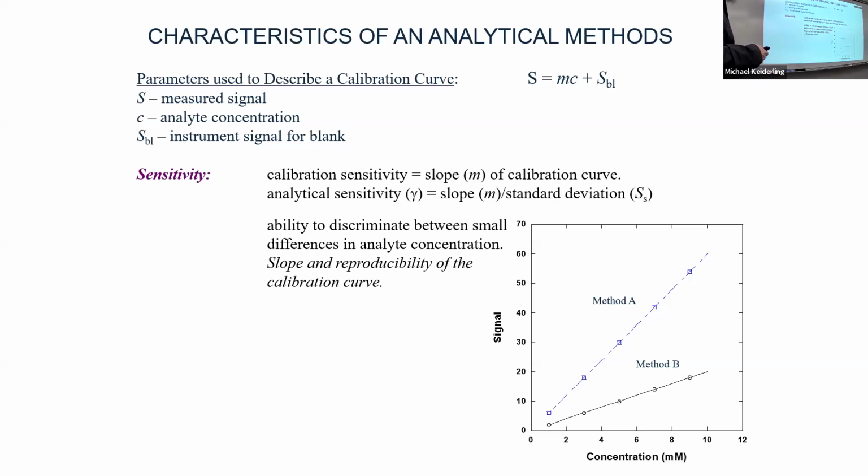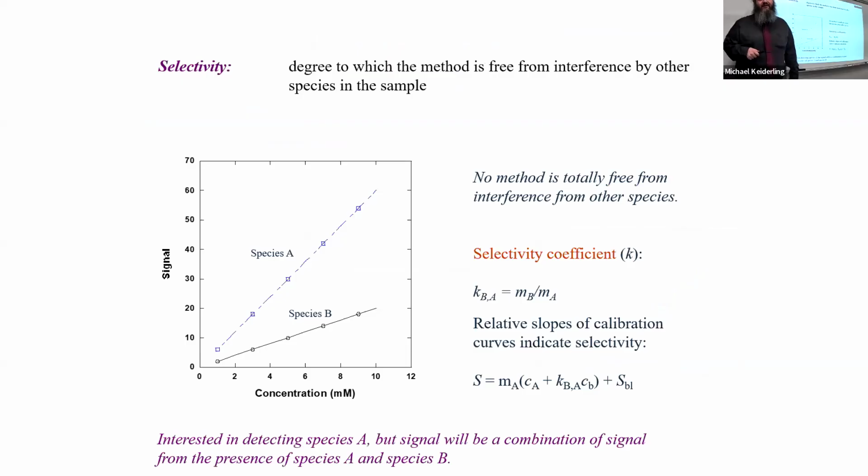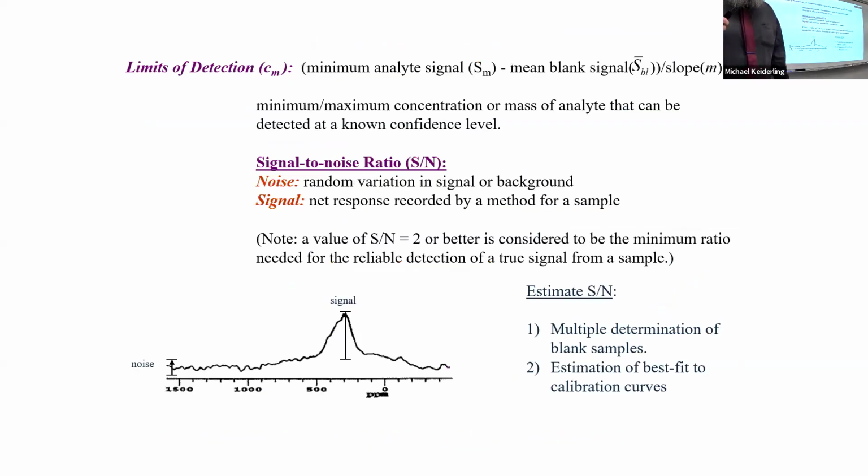Generally, we're using a linear relationship with a slope times the concentration plus some instrument signal for blank. And so if you've eliminated the blank, it's just slope times concentration. And there can be an issue with selectivity. I don't have a question about selectivity.